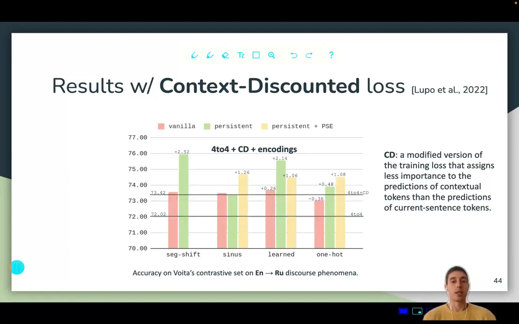Indeed, when adopting the context discounted loss, we see improvements above baseline, especially when the sentence position encodings are persistent. So here, the green and the yellow bars. In the case of sinusoidal segment embeddings, we only see improvements where these segment embeddings not only are persistent, but they are also fused with position embeddings, with PSE.